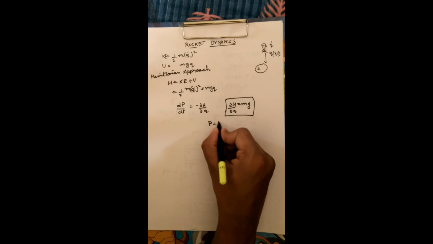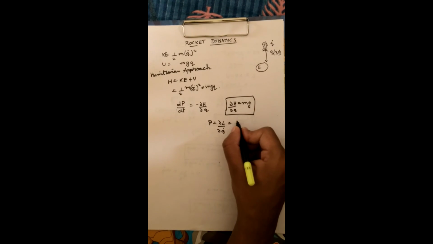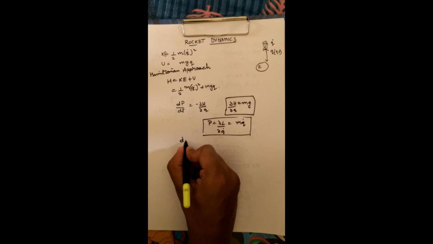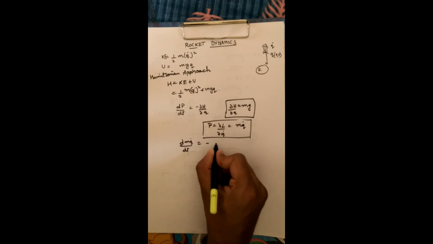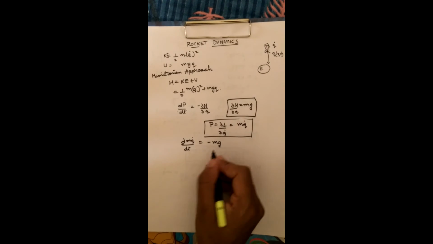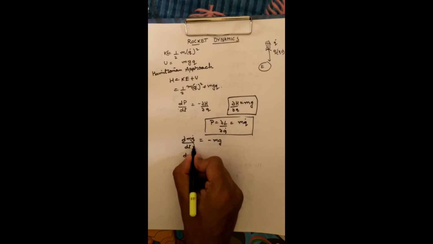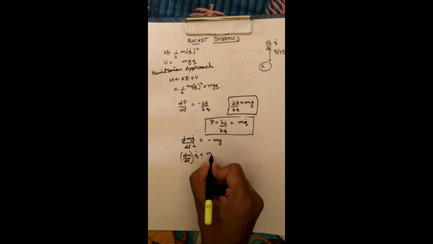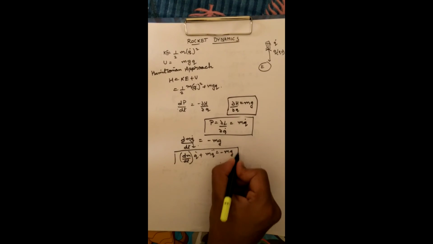P is equal to dou L by dou q dot, which is nothing but m q dot. Now substituting this in the main equation and extending using the UV rule, dm by dt into q dot plus m q double dot is equal to minus mg, which is the same equation as we got in Lagrange.